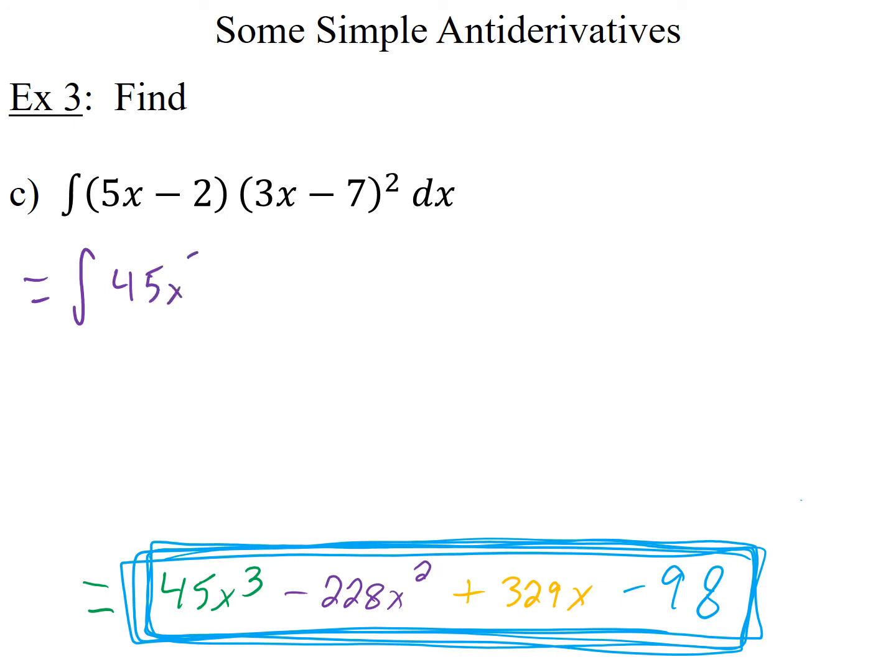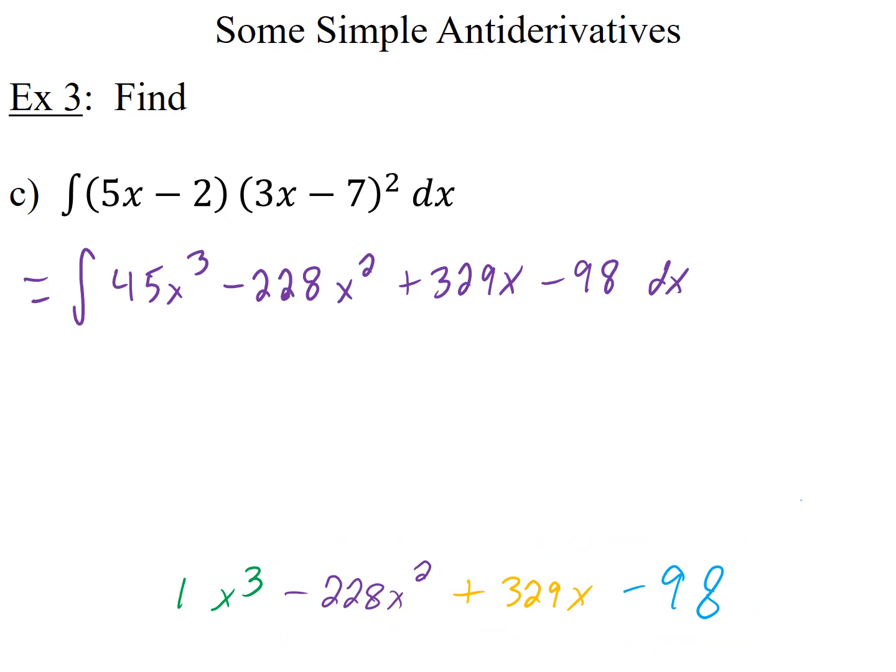This is just an equivalent way of writing the function they gave us at the beginning. Okay, and now we can go ahead and take the antiderivative. It's much easier because now it's just a bunch of addition and subtraction and numbers in the front.